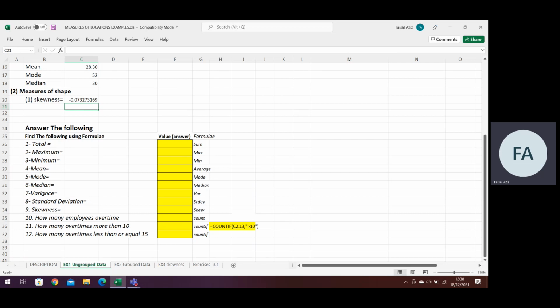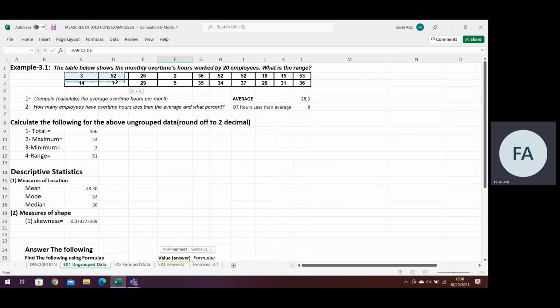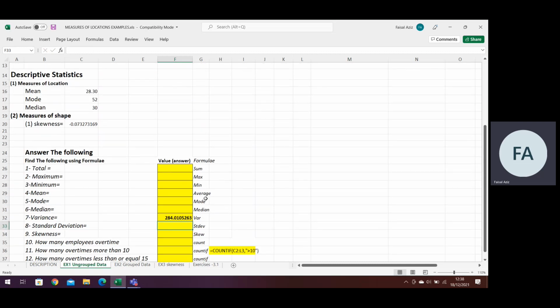So what I'm going to answer now is we need to calculate variance, and see this column is highlighted in yellow. Next to this column, the name of the formula is also mentioned for reference. So simply click equal sign, we need to calculate variance, we'll write VAR. Select this and then select this data set. You can just click enter, you will get a variance.